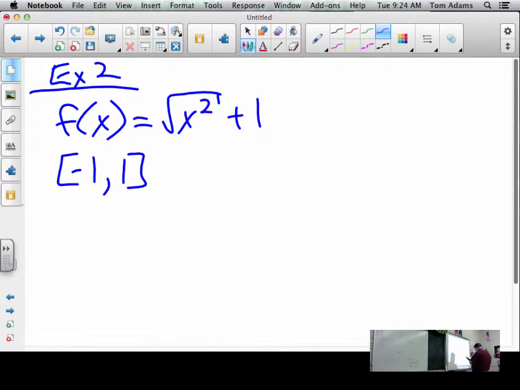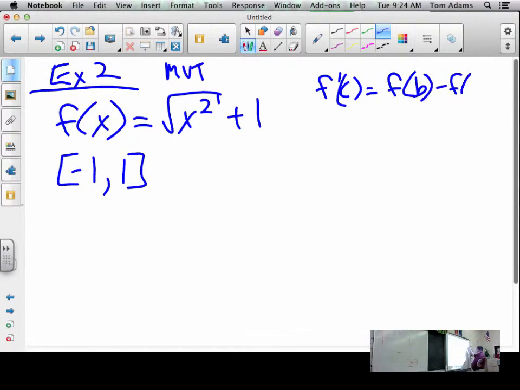Okay. And in this particular case, we're talking about the mean value theorem, which you probably haven't memorized yet, but it's not hard to memorize. It's f prime of c is equal to f of b minus f of a, all over b minus a. So now in this scenario, we have f prime of c should be equal to f of b.